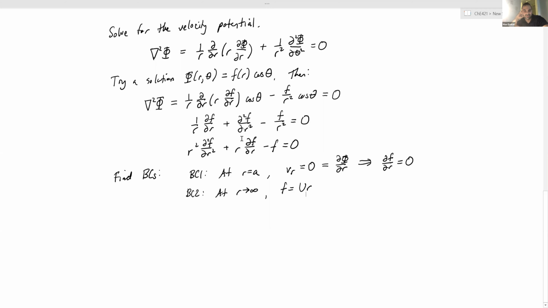And then you can solve it just by f equals, it should be like c1 r plus c2 over r. So you're saying try something like f equals e to the r or something like that? No, f equals c1r plus c2 1 over r. Isn't that just method of undetermined coefficients? You could also use that, yeah.